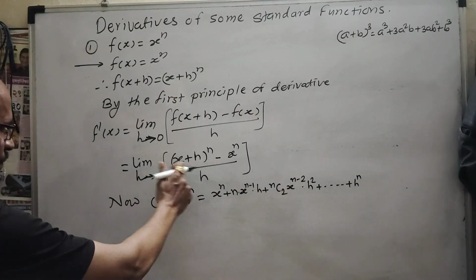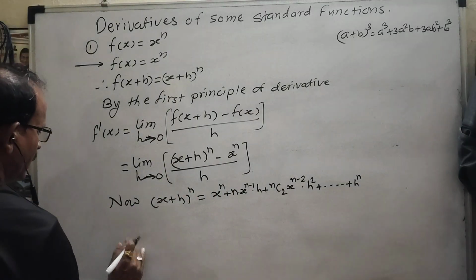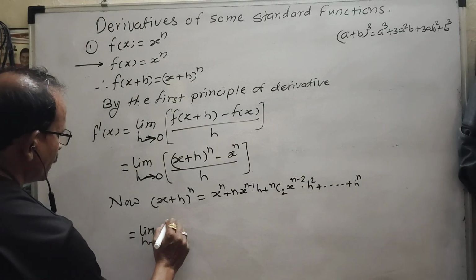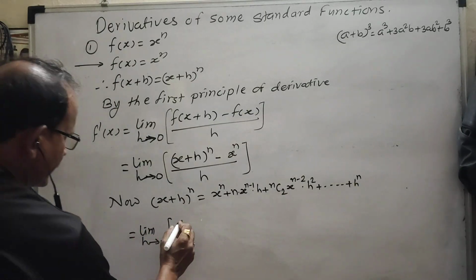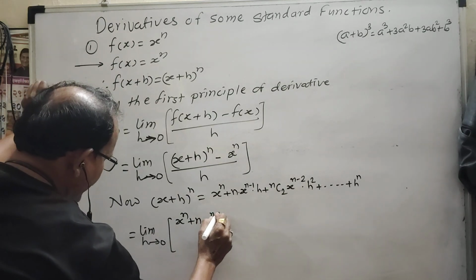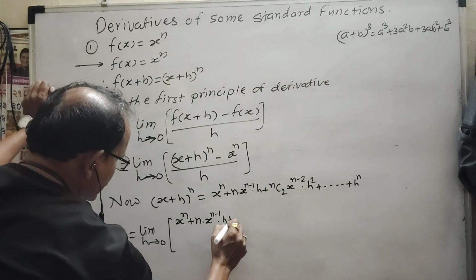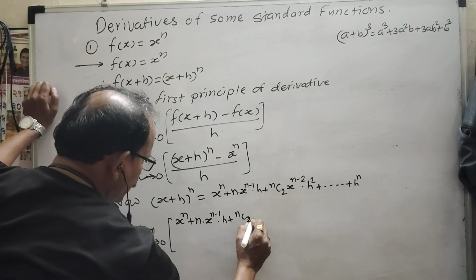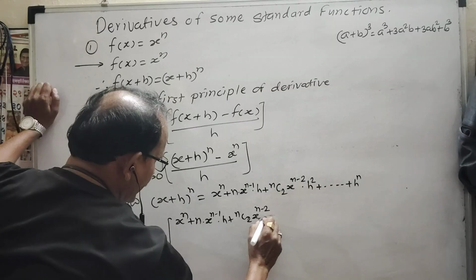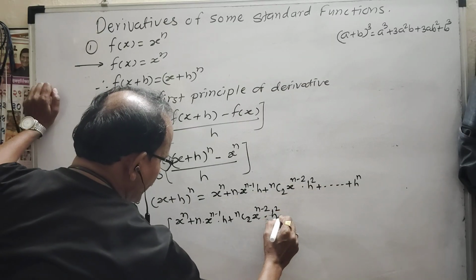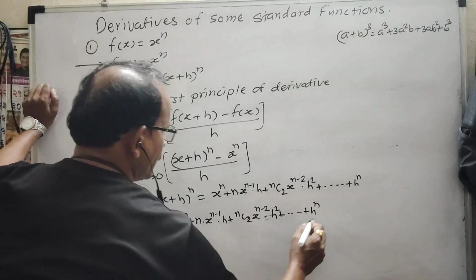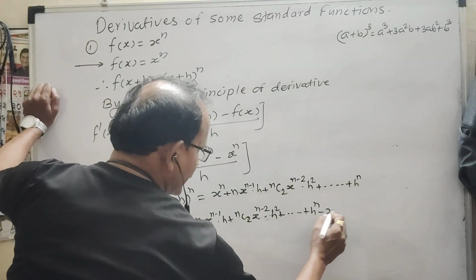Now put the value: equals limit h tends to 0, in bracket x raised to n plus n dot x raised to n minus 1 dot h plus nC2 x raised to n minus 2 h square plus dash dash dash h raised to n, minus this value x raised to n.